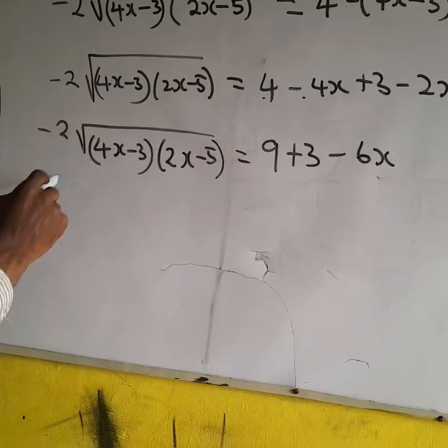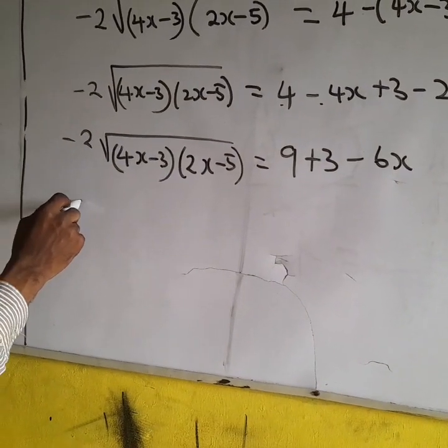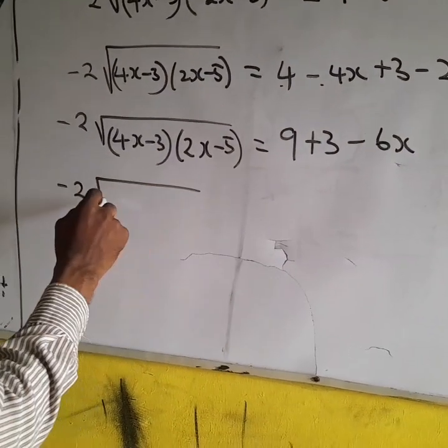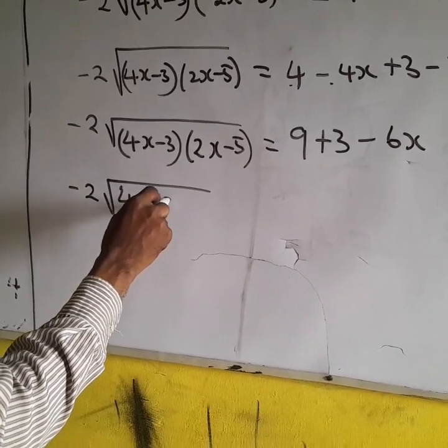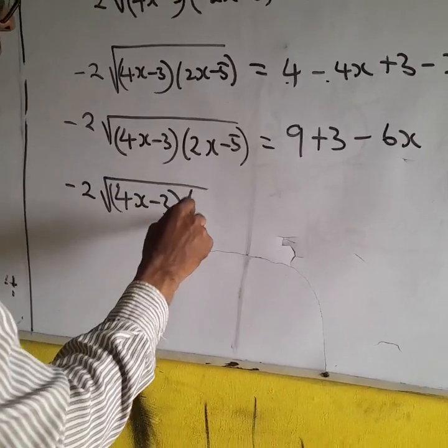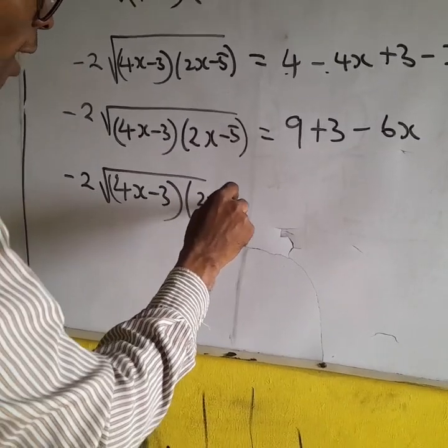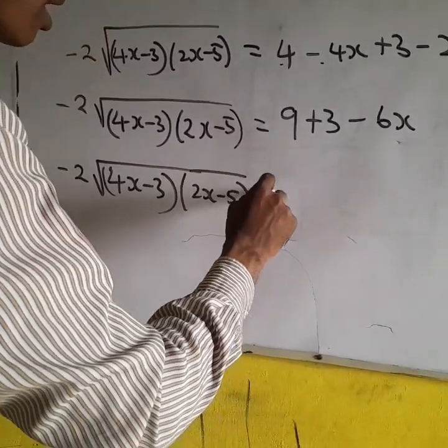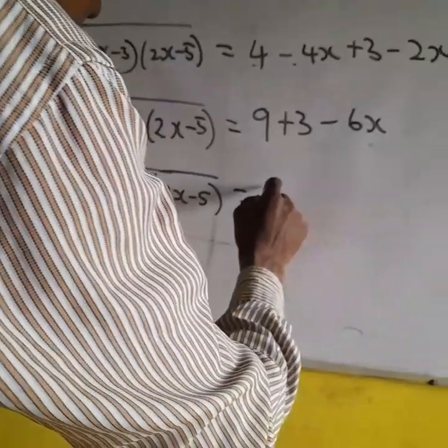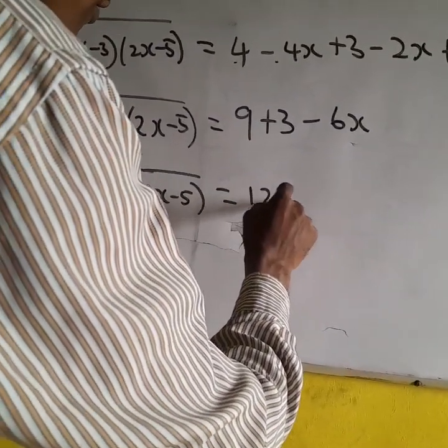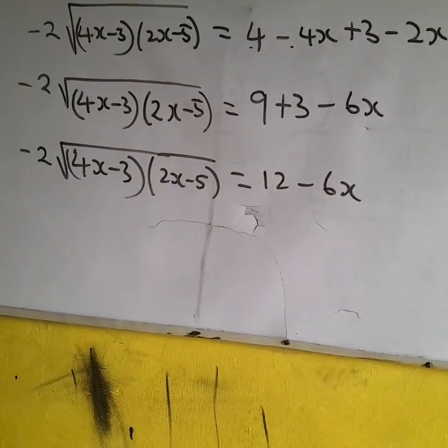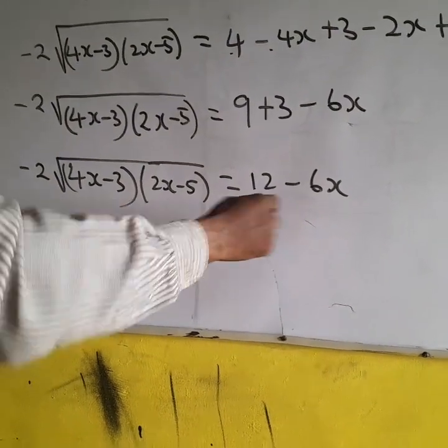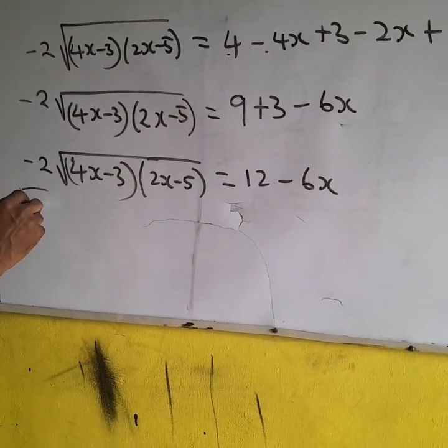So we have minus 2 root of 4x minus 3 times 2x minus 5, equal to 12 minus 6x. But 2 is common, so you divide both sides by minus 2.